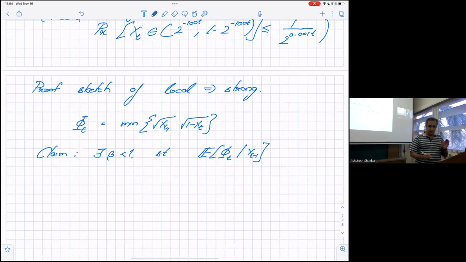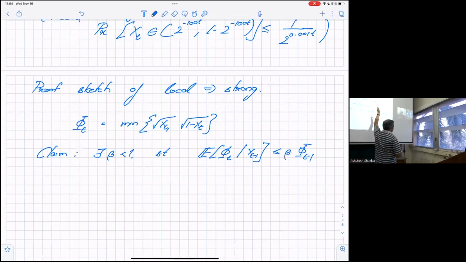So given what you know in the past, this always shrinks by a factor beta, some fixed constant less than 1, independent of t.